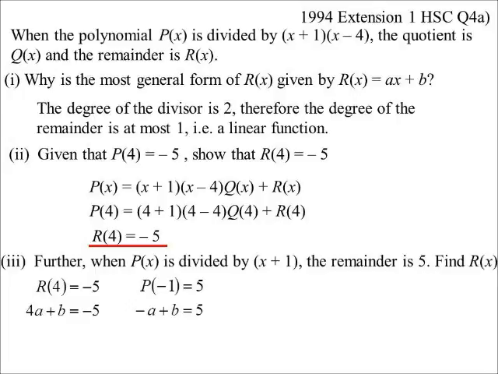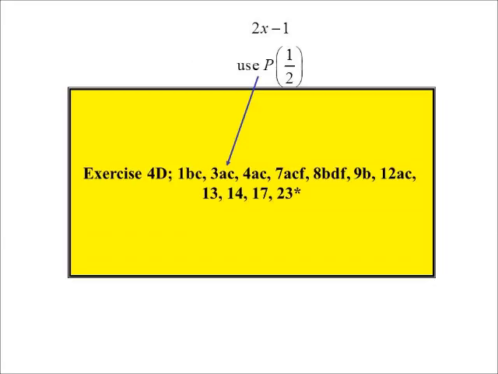Sub in negative 1, I get minus a plus b is 5. We've basically got a couple of simultaneous equations. Quite an easy one there. The b's will cancel. a is negative 2. Therefore, b is 3. We said the remainder was ax plus b, so the remainder is minus 2x plus 3.